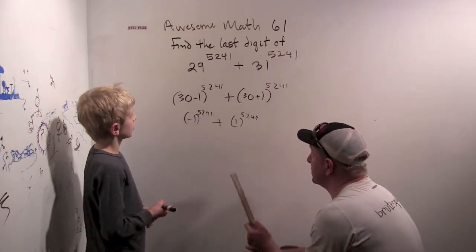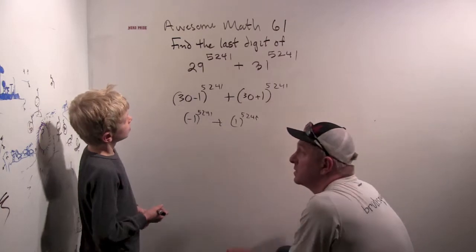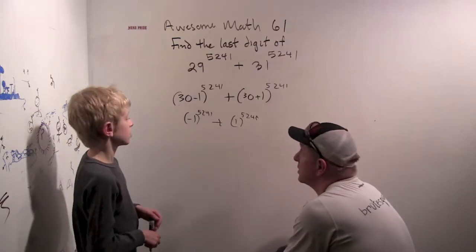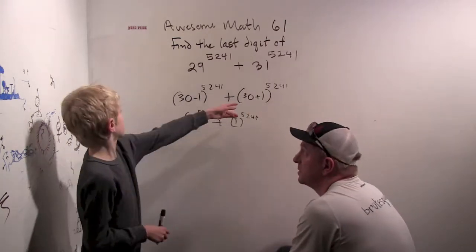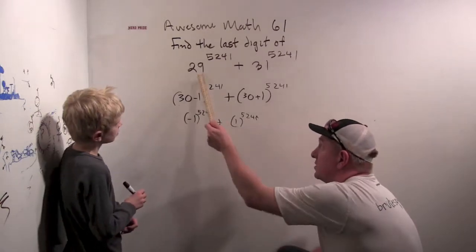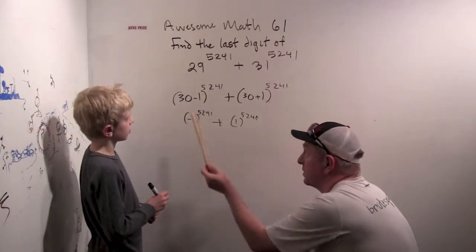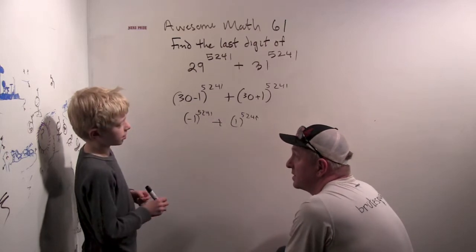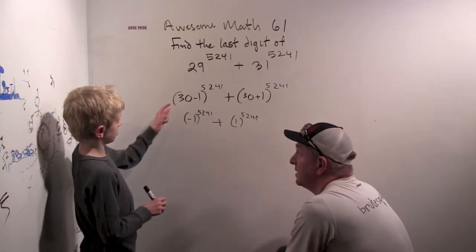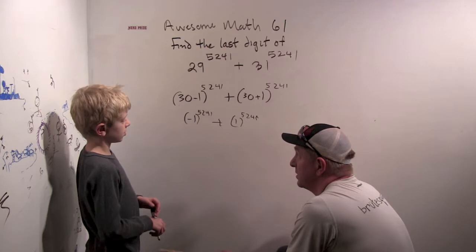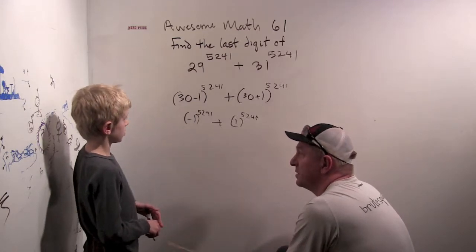So what's the last digit of 31 going to be? It's 1. So that's why we can get rid of the 30 here. It becomes 1. Okay. What's the last digit of 29 going to be? 9. What's the last digit here going to be? 9. Because 30 minus 1. Okay. So why can we write that as a minus 1?